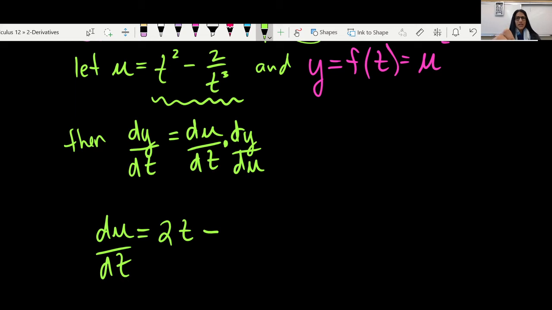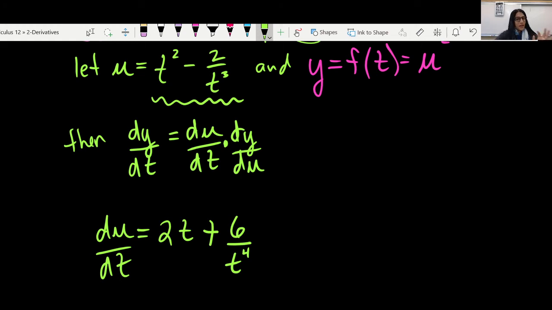So to make it easier, notice that this is like saying t to the negative 3. So it'd be like 2t to the negative 3. So when we work our way through this, we actually end up with a plus 6 over t to the 4 when we're just applying our power rule. So I had brought the t cubed up to make it t to the negative 3, which would then make it t to the negative 4 and pushed it to the bottom.